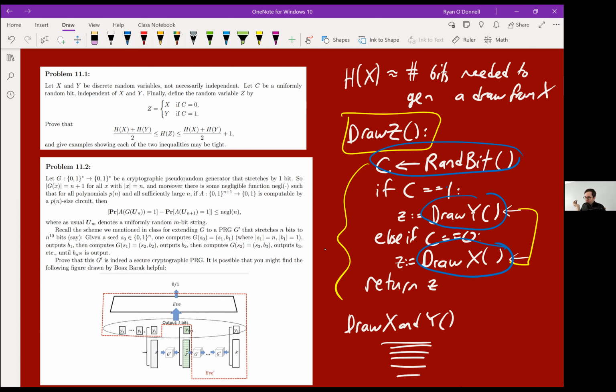I guess for the intuition of the other side of the inequality, this might be kind of obvious, but if they're the same random variable, then you don't have to flip.